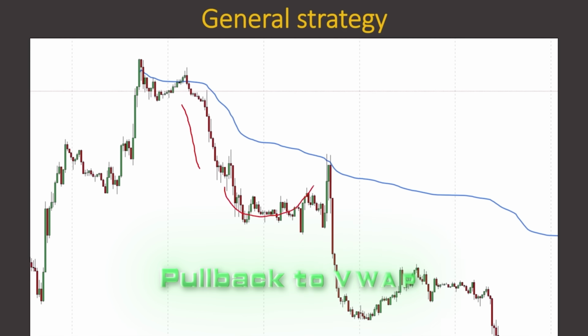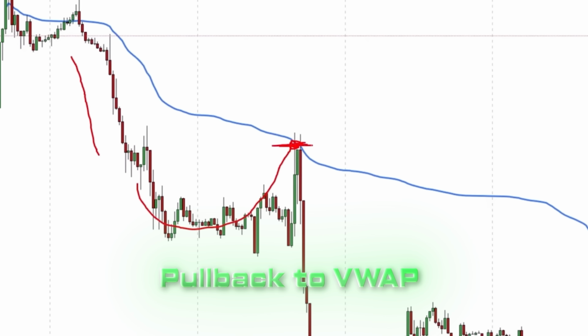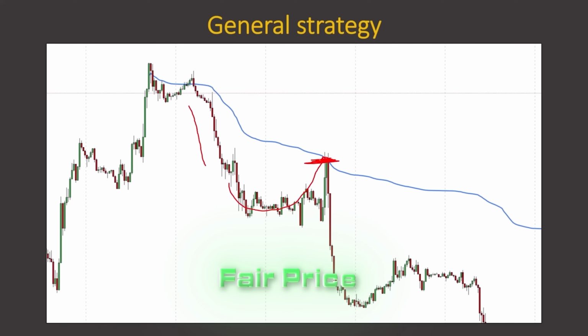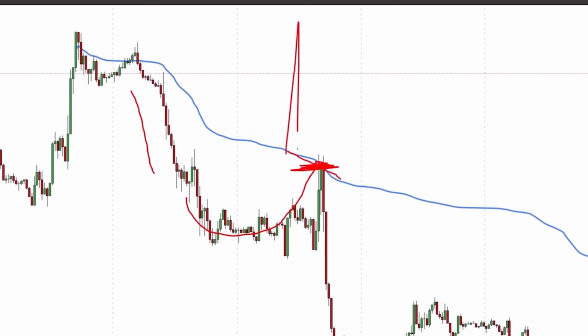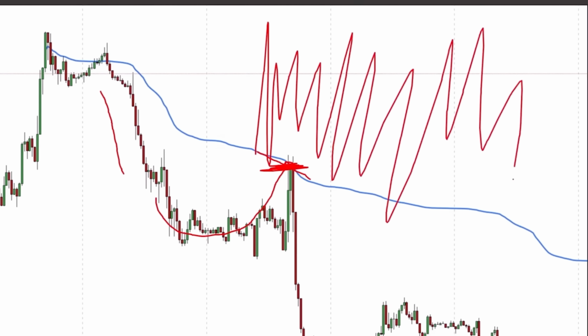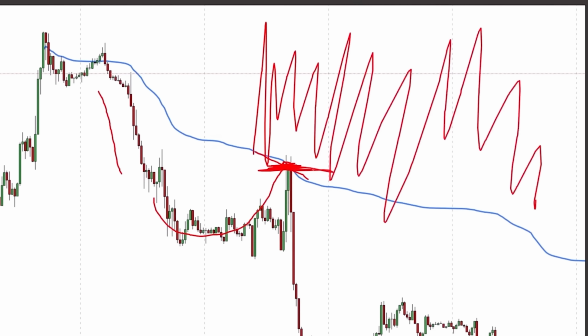So when the price makes a pullback to VWAP, this is where you want to sell, because this is the fair price. Now, if an institutional algorithm is trading, then the goal for the day could be, for example, sell X amount of lots on euro-dollar at VWAP or better. In this case, better means here, right?